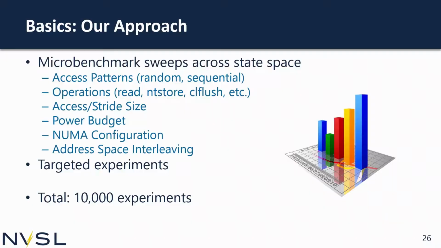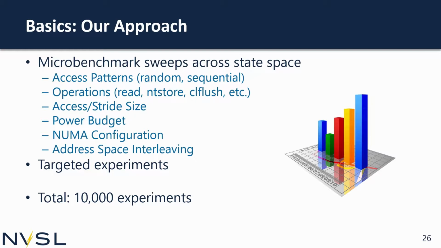And the background for this, I want to briefly touch on our approach. So our idea was basically to just suck in a lot of data. So we did a bunch of micro benchmarks that just swept across the state space. We looked at access patterns, if they're random or sequential, different types of access operations, reads, writes, different access sizes, stride sizes, power budget, NUMA configuration, whether or not we're doing address space interleaving.